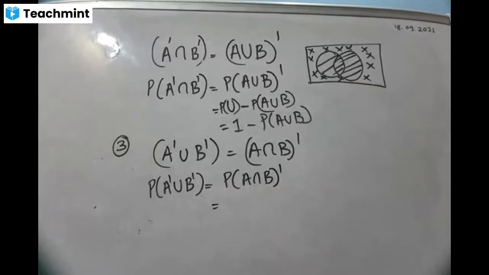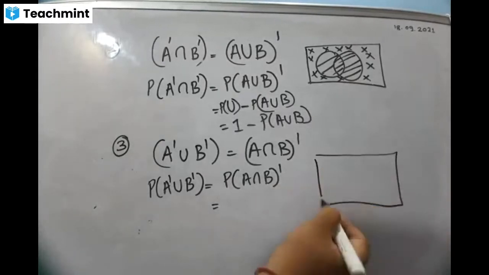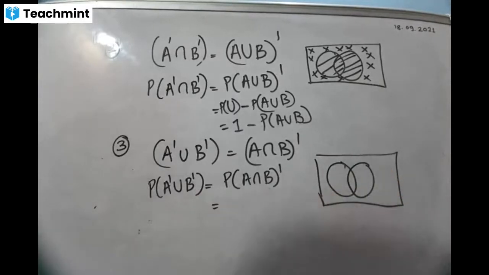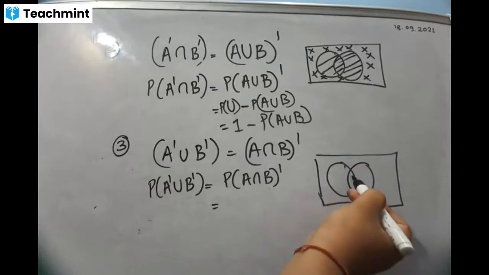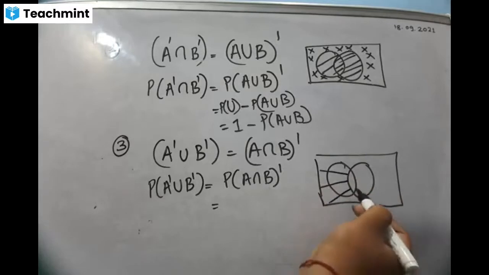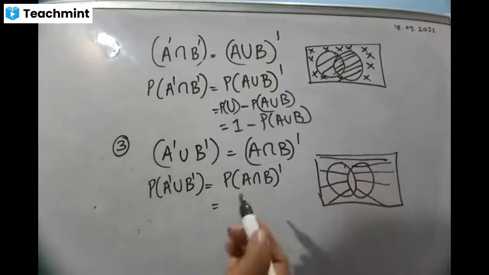So what is this again? Everyone, look at the board. If you forget, you can make the figure also. See, this is your A and this is your B. What is (A intersection B) complement? First, A intersection B is this region. So leaving this region, everything else, that means everything except this A intersection B. So how can you write that?